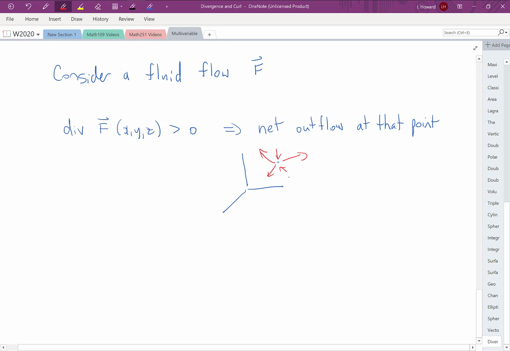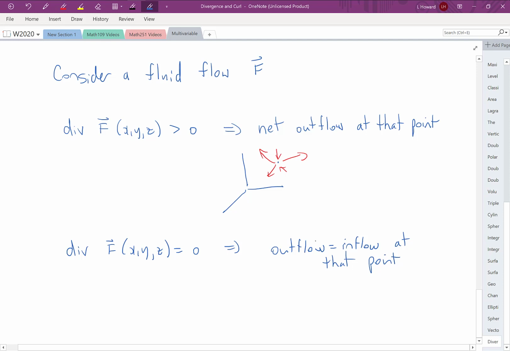So you've got a little bit of inflow, but more outflow, meaning net outflow at that point. If the divergence were negative at a certain point, then this would reverse and you would have net inflow at that point. And if the divergence of our vector field at a certain point were 0, that would tell us we would have outflow exactly equal to inflow at that point.